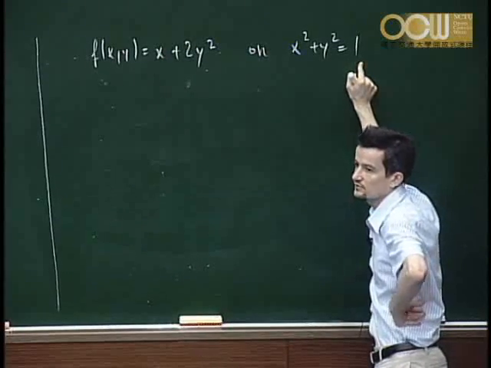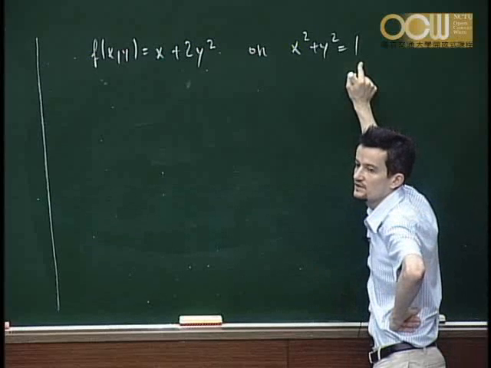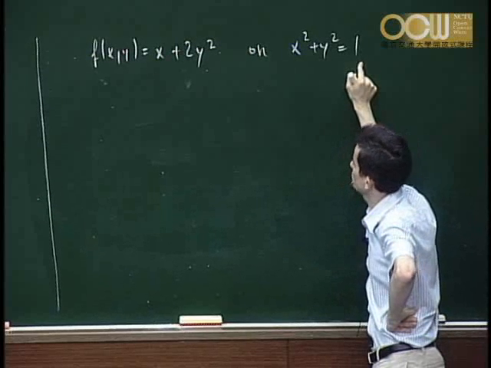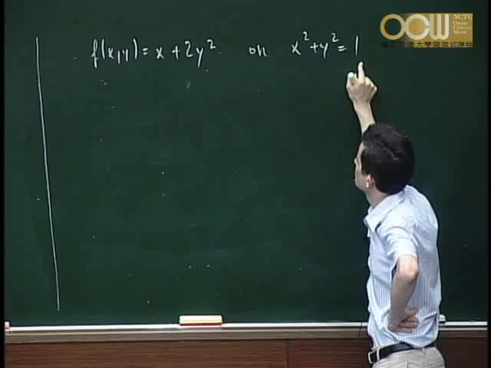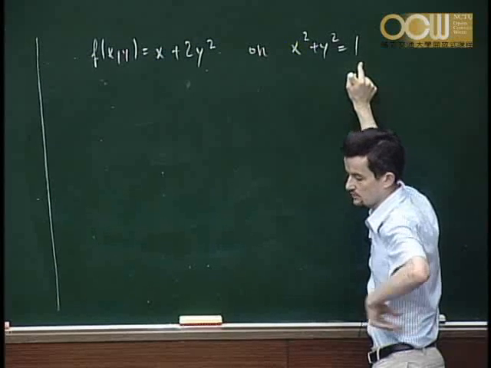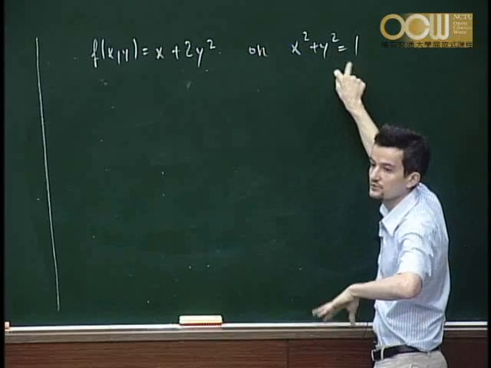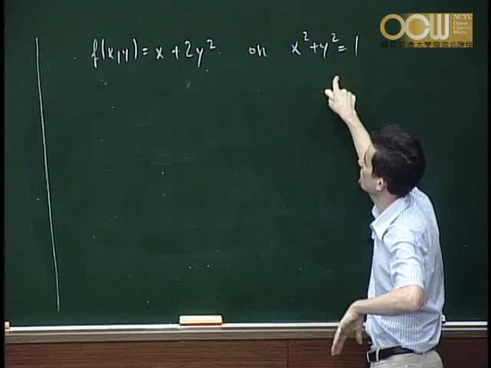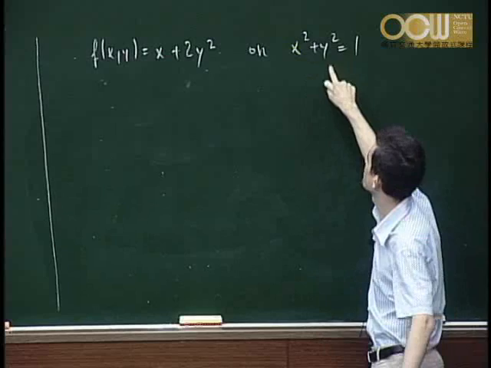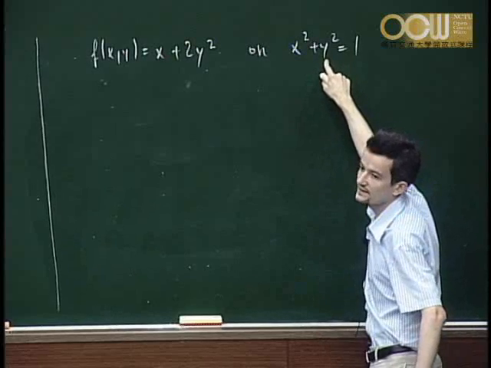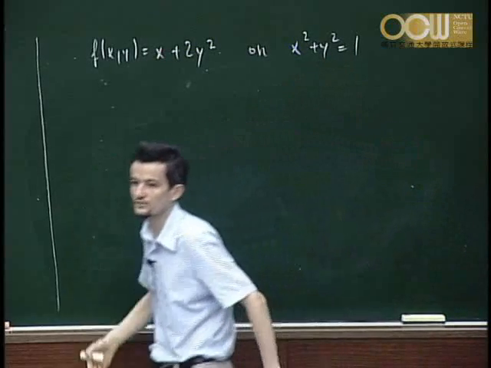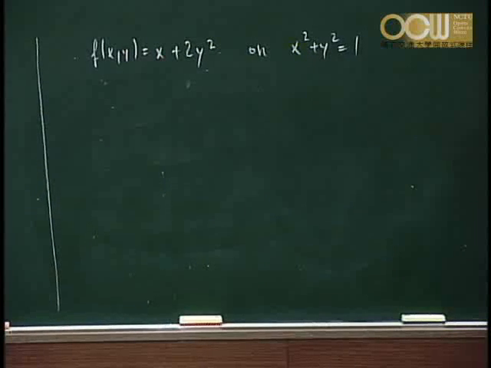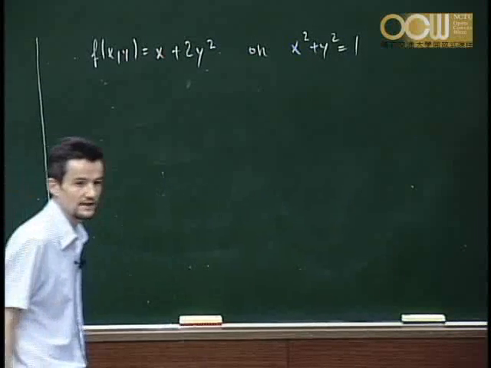Because of our method, in order to find absolute maximum values, we first looked at the critical points inside the disk, and then we looked at the boundary. And this corresponds to the second case here. This kind of problem can be much more easily solved by first solving for y, but let's just check how easy or how complicated the method of Lagrange multipliers is.